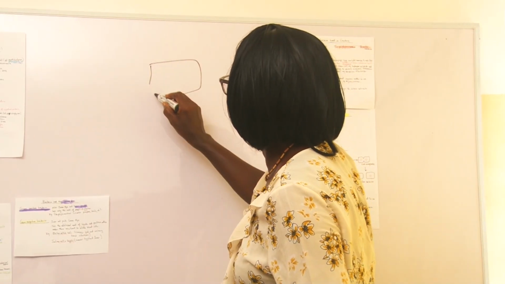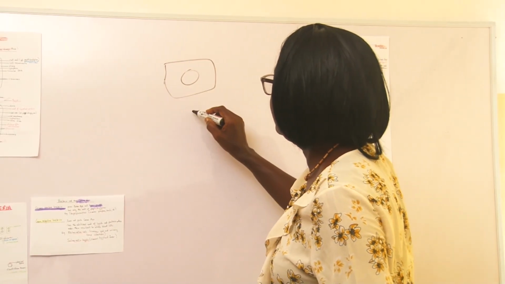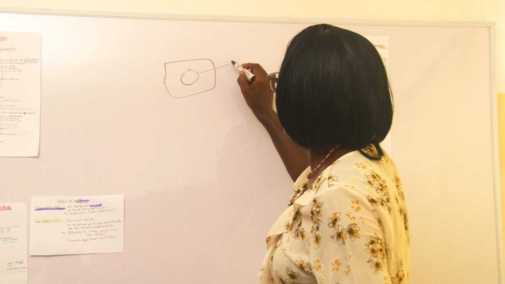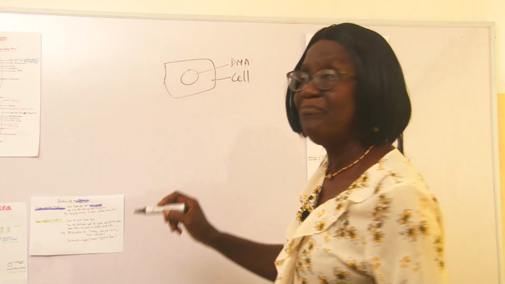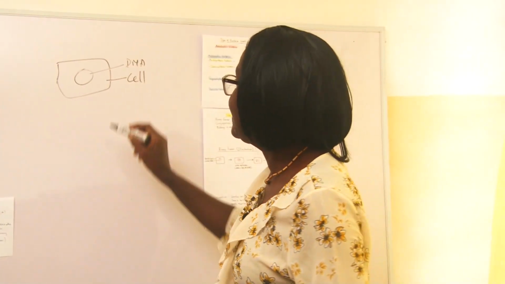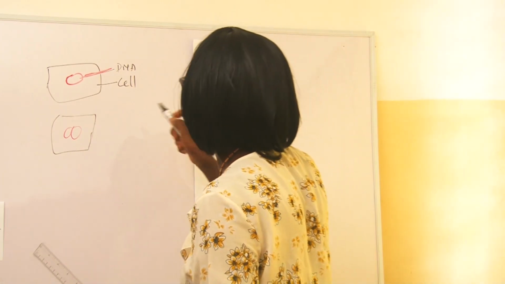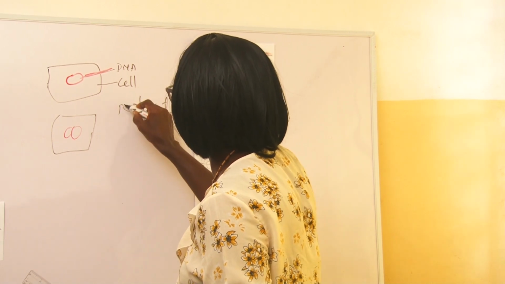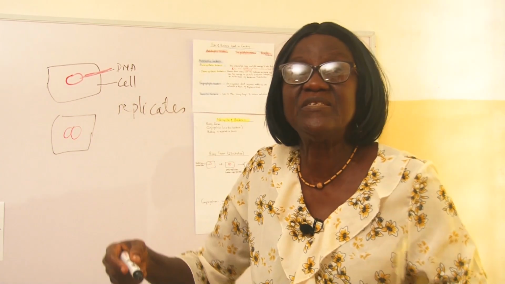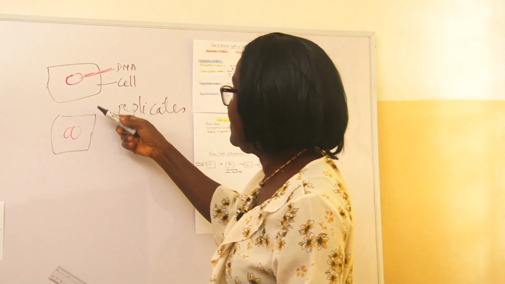Binary fission, you have one cell. This cell has DNA, and binary fission simply means the DNA replicates. It forms another one of itself in the cell, all right?